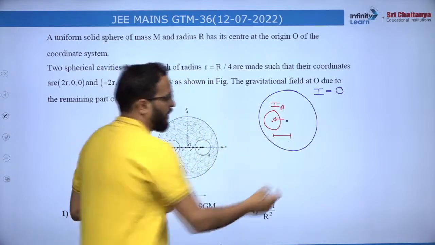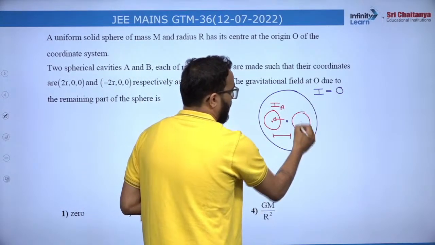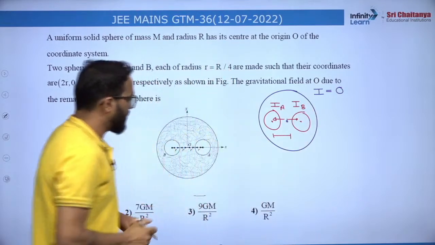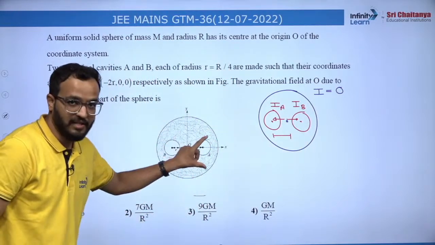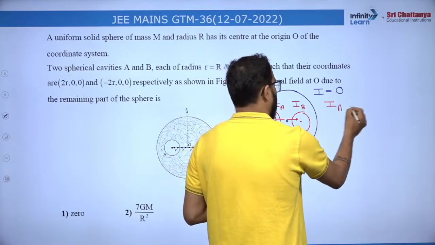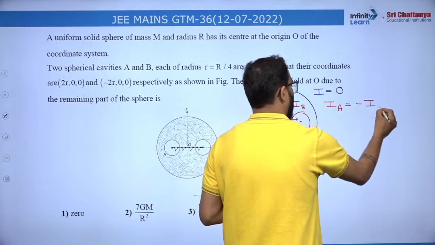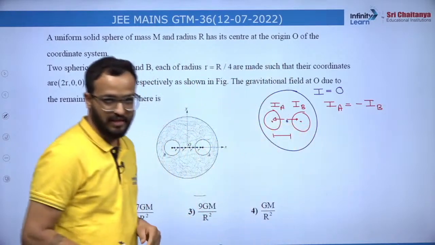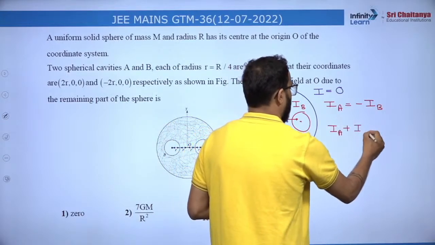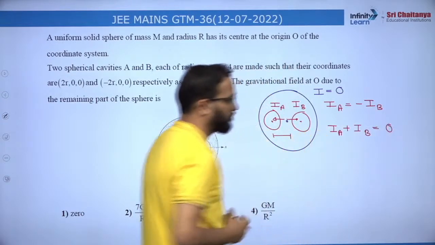If I talk about another sphere, let's say it will be in this direction and let it be IB. Since the dimensions of both these cavities are the same, we will say that IA is actually equal to minus IB, so IA plus IB must be 0 vectorially.